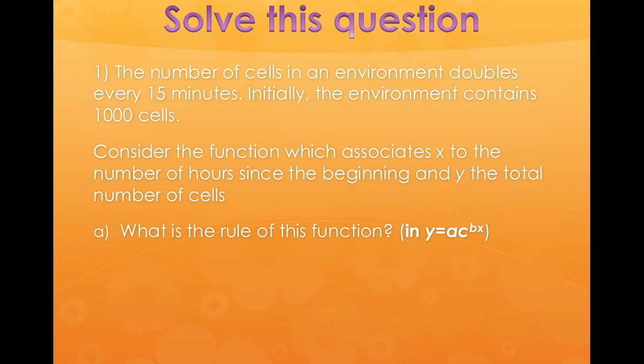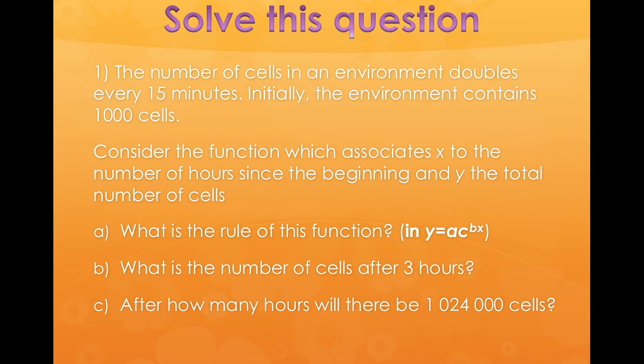And I expect it to be in the y is equal to ac to the bx form. What is the number of cells after 3 hours? So ask yourself if 3 is x or y in this case. And after how many hours will there be 1,024,000 cells? Answer this question on your own. The answers are on the last slide.